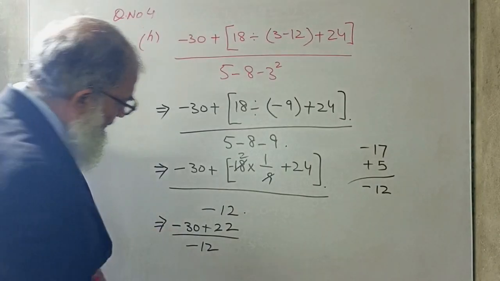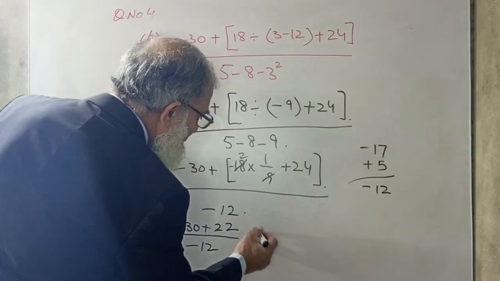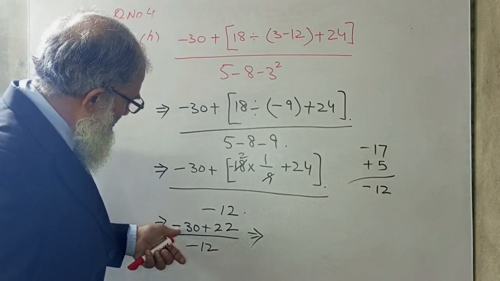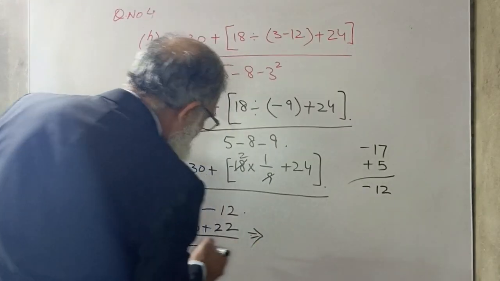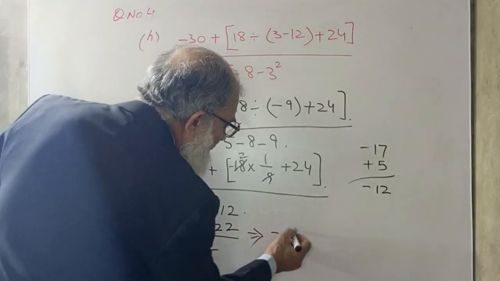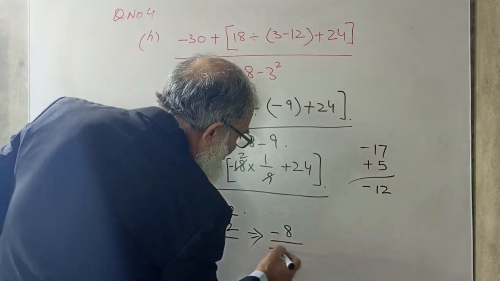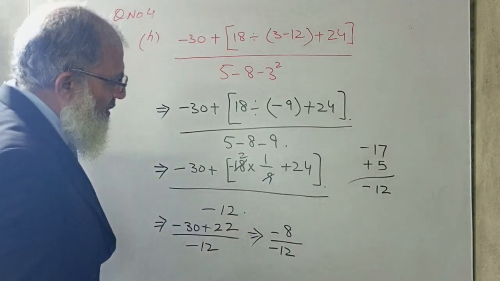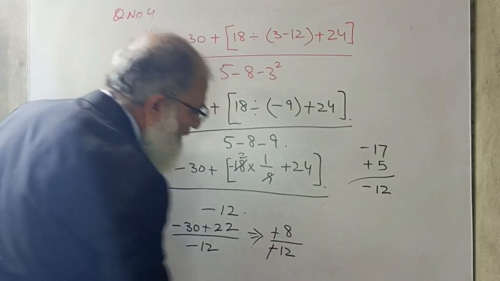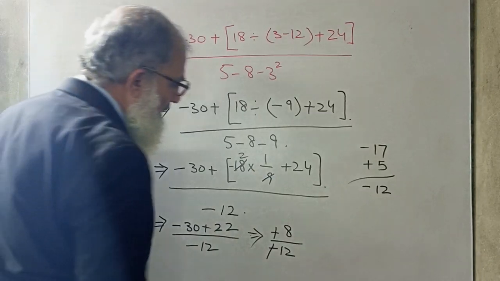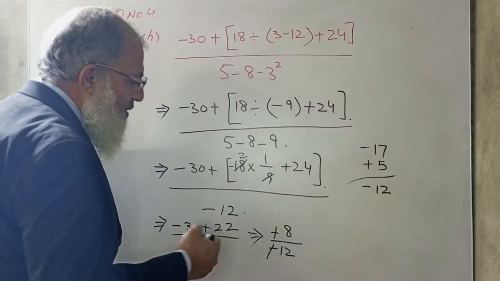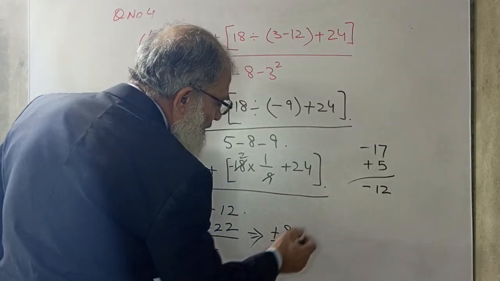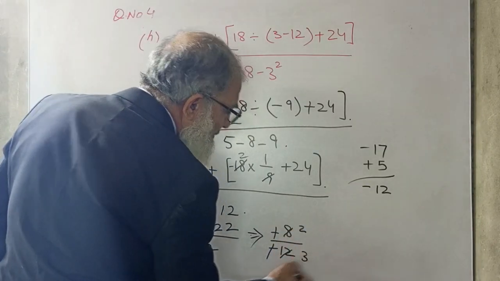So again, you see the magnitude is minus 8 and minus 12. Now both are minus. We just simply cut them, calculate them, and 4 twos are 8 and 4 threes are 12.